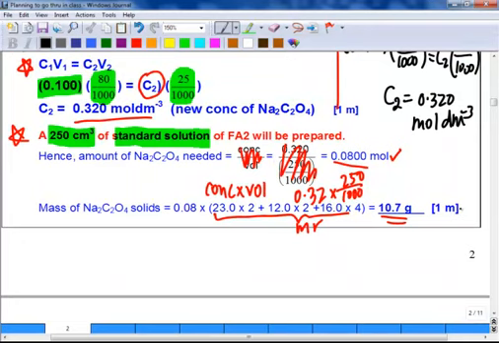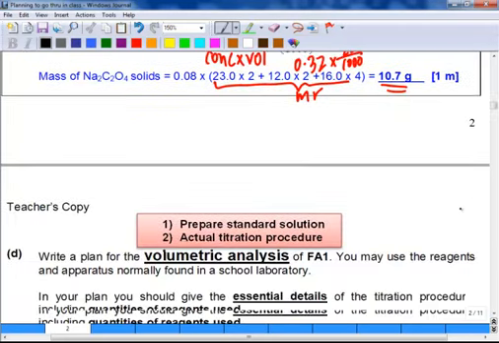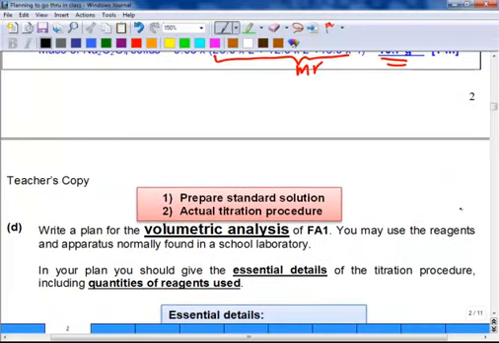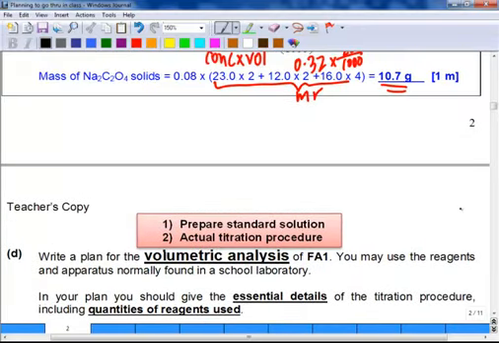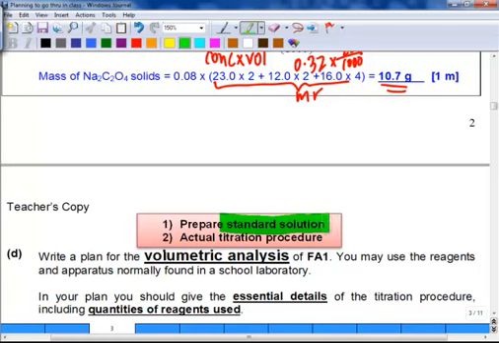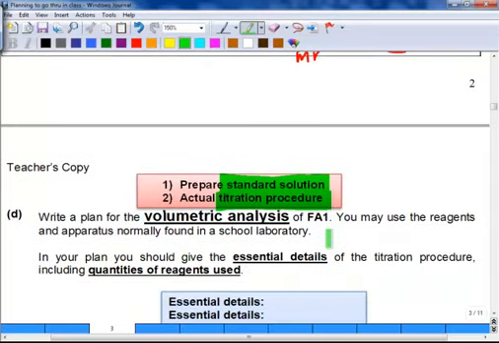Okay, can? So I move on. Write a plan for volumetric analysis. When you want to write a plan for volumetric analysis, you need two things. Prepare standard solution, that's the first one. Number two, actual titration procedure, which we also mentioned to you in the lecture.